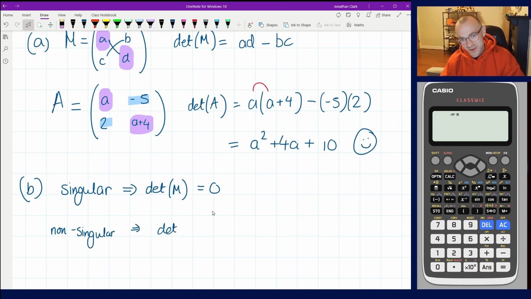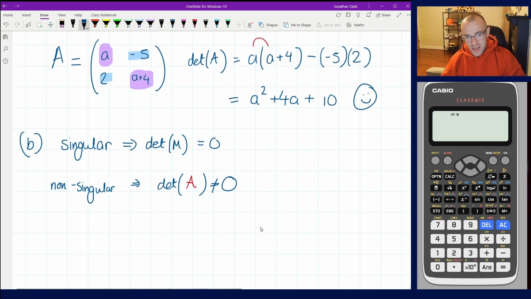The determinant of the matrix is not 0. And I guess we're talking about the matrix A, so I'll just put that straight in. So we've got the determinant, which is a squared plus 4a plus 10. And we're supposed to show that this cannot be equal to 0.